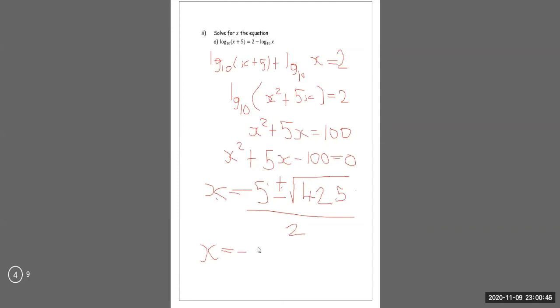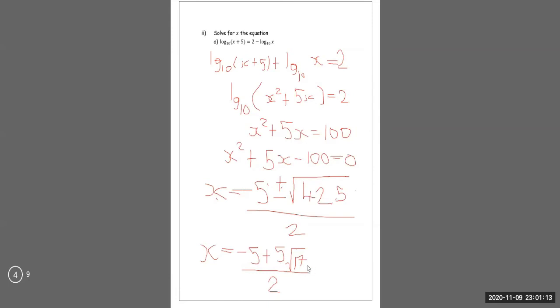All right, so x is now minus 5 plus 5 root 17, right? Yes, sir. 5 root 17 over 2. Tell me why I can throw away the minus one. Notice I threw away the plus or minus sign. Why can I throw away the minus one? Sir, because the log of x cannot be negative.